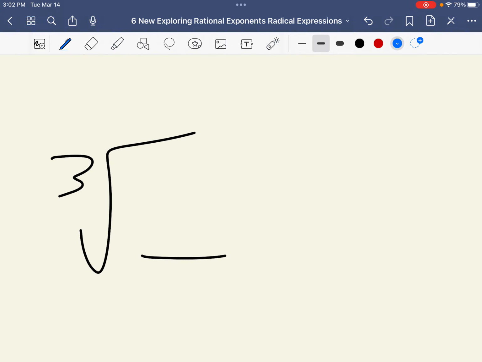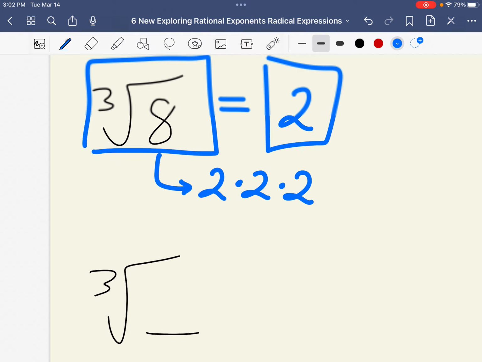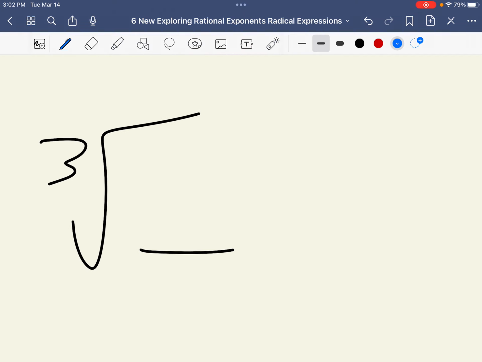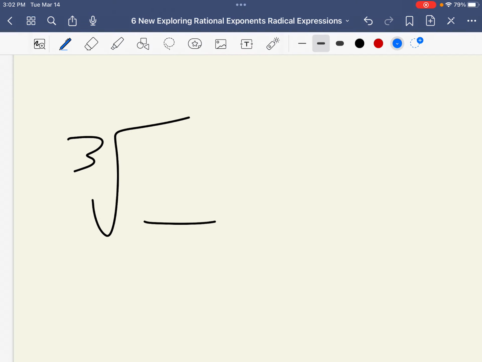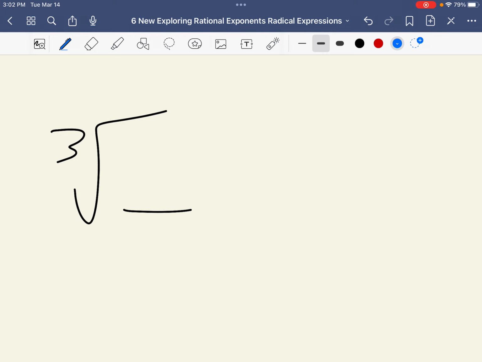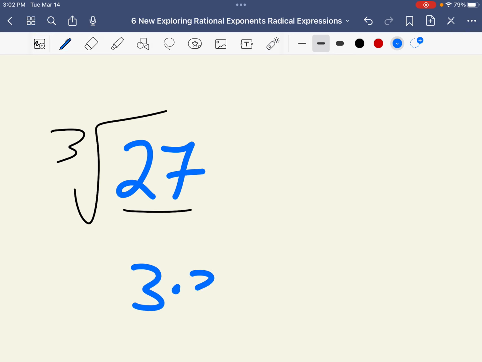Now, there are more cube roots that we can talk about than just the cube root of 8. So if we go back to cube roots, I want you guys to start to realize that there are other numbers that we would say are perfect. What would be another number that's perfect? Well, if you choose 3 3s, that means that the cube root of 27 would be perfect.